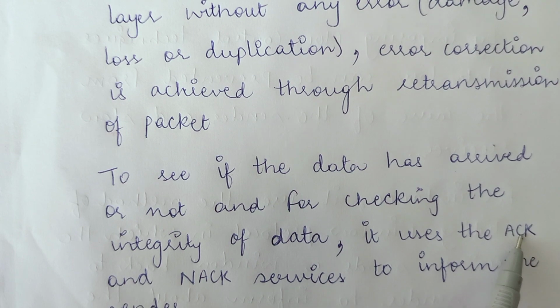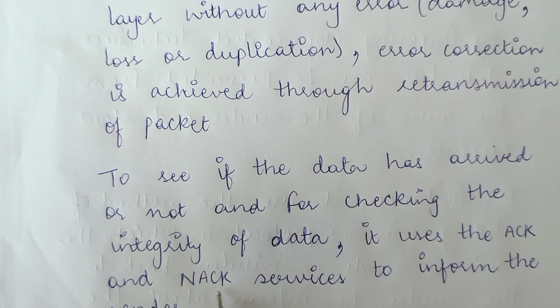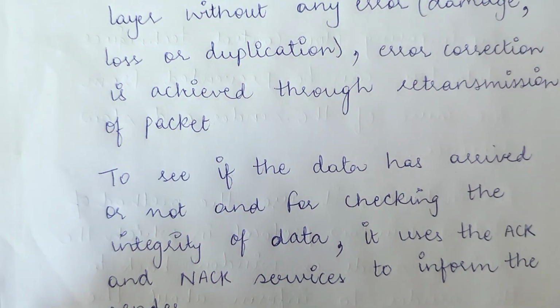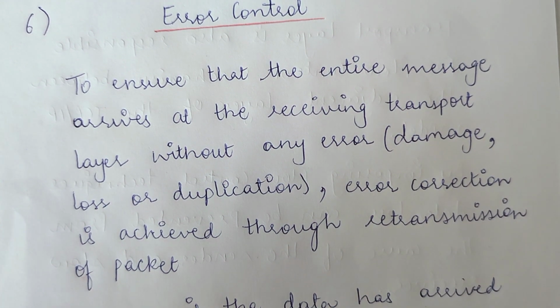With ACK, the sender knows that the data has been received. When a NACK message is sent by the receiver, the sender knows that the data has not been received, and it needs to retransmit the data. So this is how error can be controlled at the transport layer.